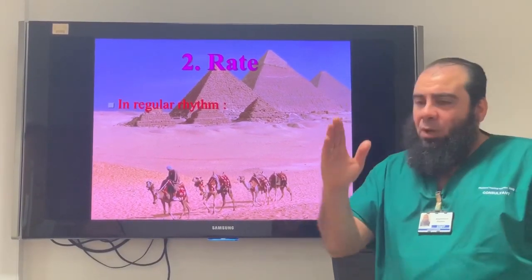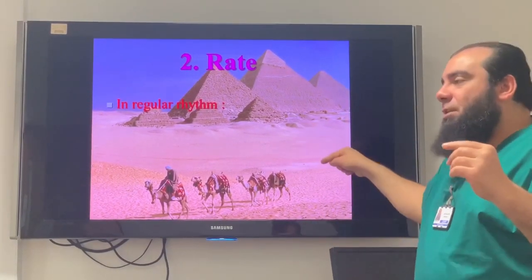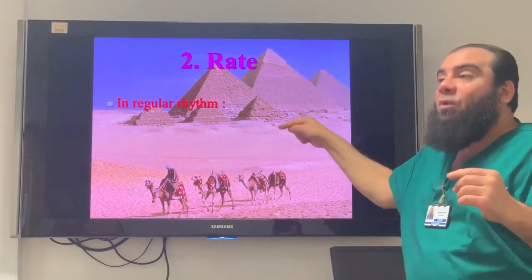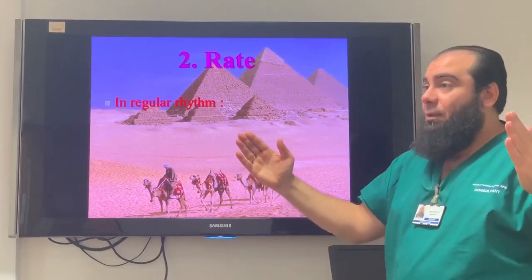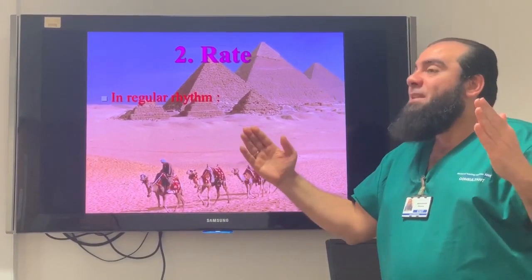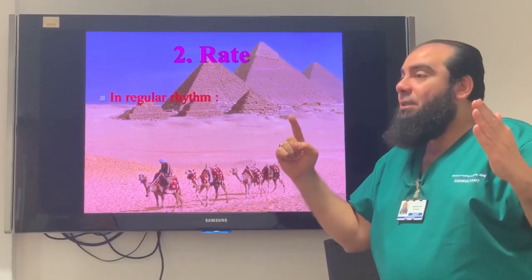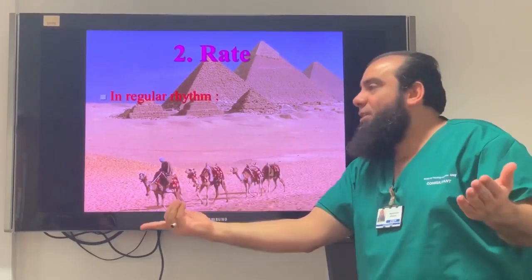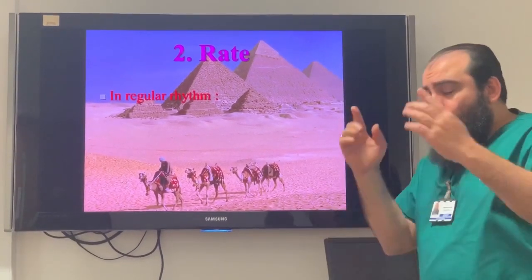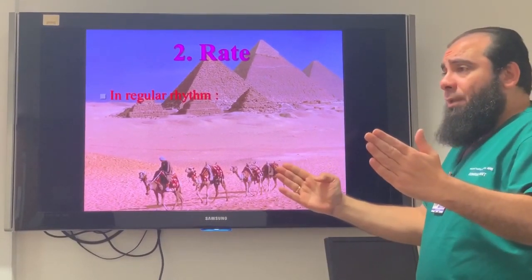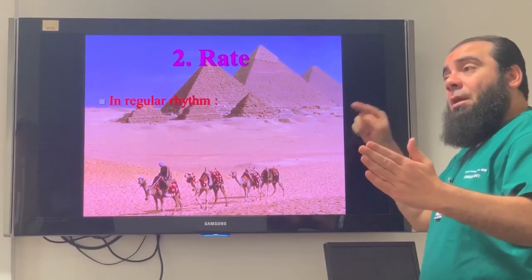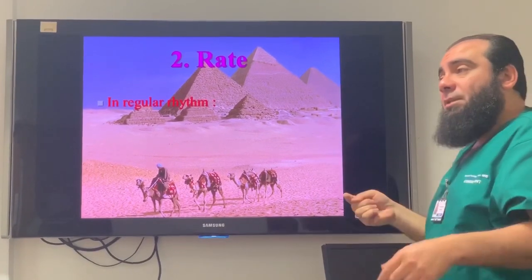Then I can just mark 30 big squares and count the number of R's inside the 30 big squares, which represents the rate in 6 seconds. Multiplied by 10, it gives you 1 minute. Simple as this: count 30 big squares, count the number of R's in between, multiply by 10, and it gives you the rate.